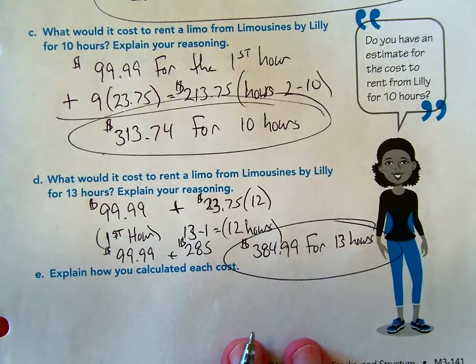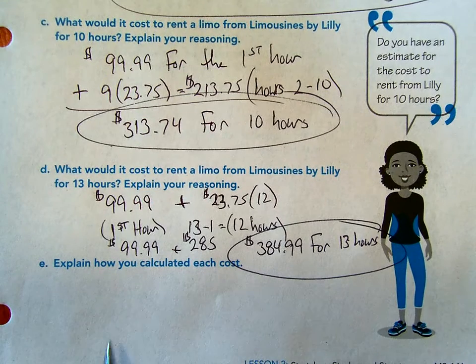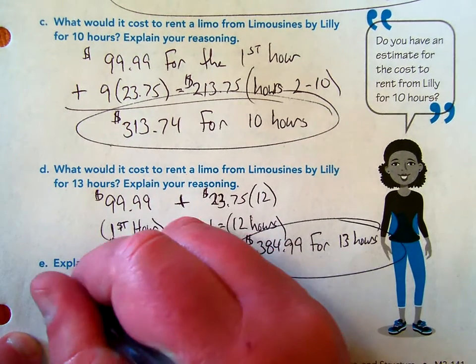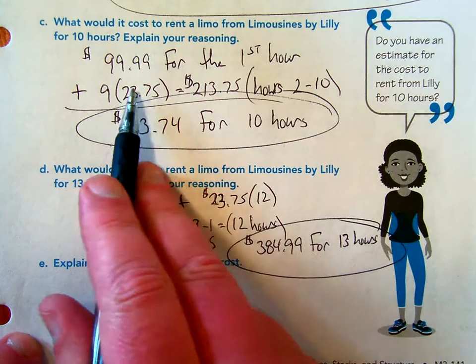Explain how you calculated each cost. What did we do? We started with $99.99 for the first hour.